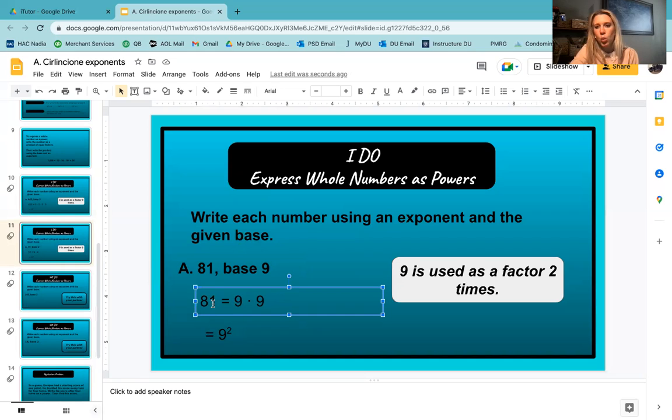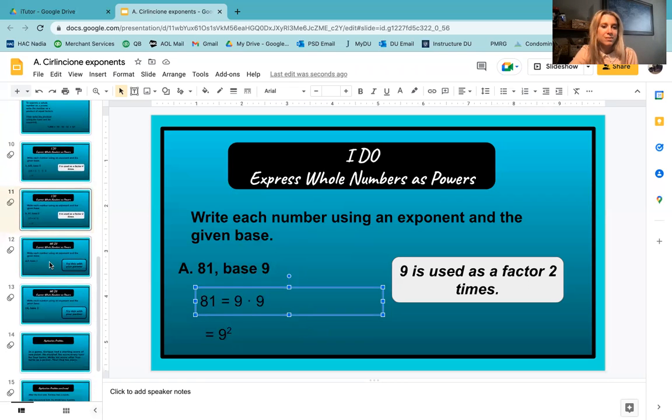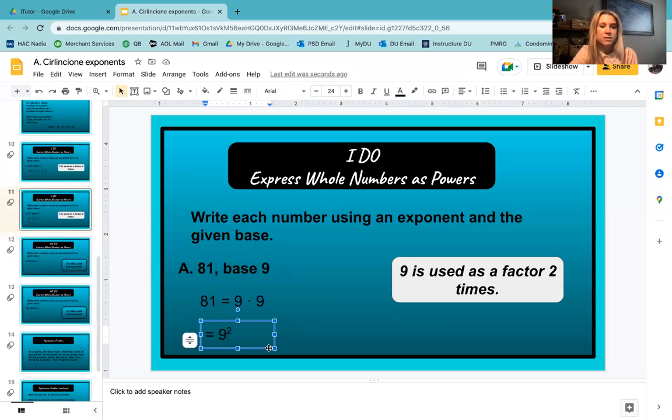Because I know 81, I'm automatically thinking 3s and 9s. They're all the factors of 81. And if I have base 9, 81 is equal to 9 times 9. So 9 here is used as a factor 2 times. So our answer then, using an exponent, is 9 squared, or 9 to the power of 2.